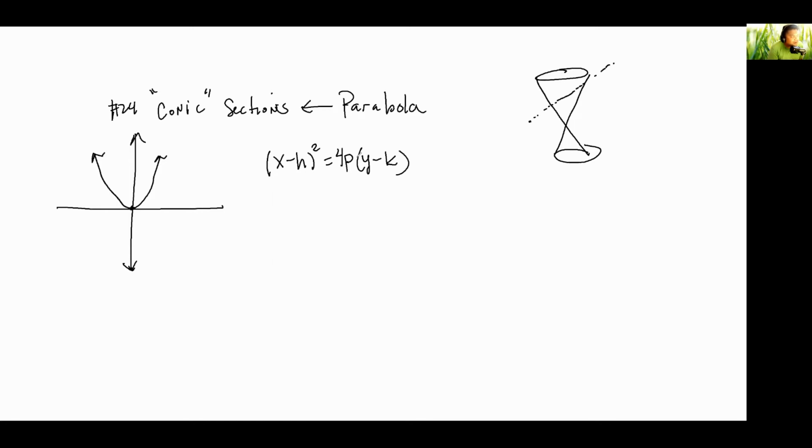It's always 4, and it is always a P there. As far as what this weird P represents, we'll get to it. But this would normally be what A is. We're not calling it A this time. We're calling it P.